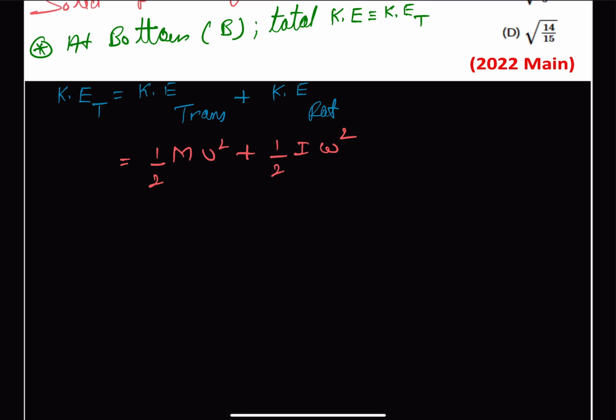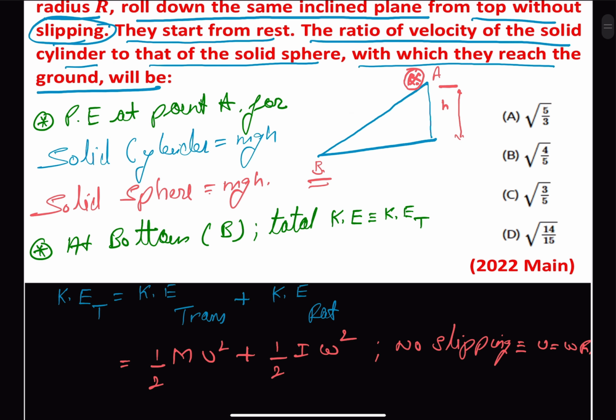The motion is pure rolling, or no slipping, so we can write that v is equal to omega times R, where omega is the angular velocity and v is the linear velocity.